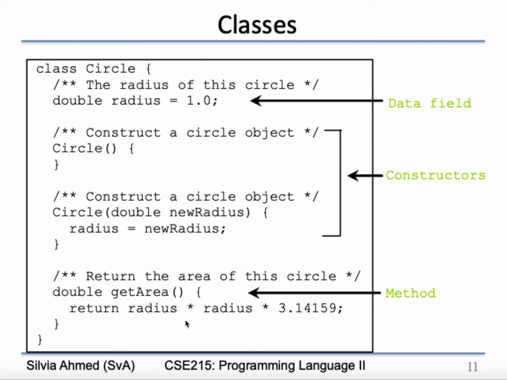So what is this double value? It returns radius times radius times 3.14159. That means the area of a circle, pi r squared. So this is our common description of a circle. When we write this, we save it as Circle.java. We will see shortly how we use objects of this Circle class in our program.